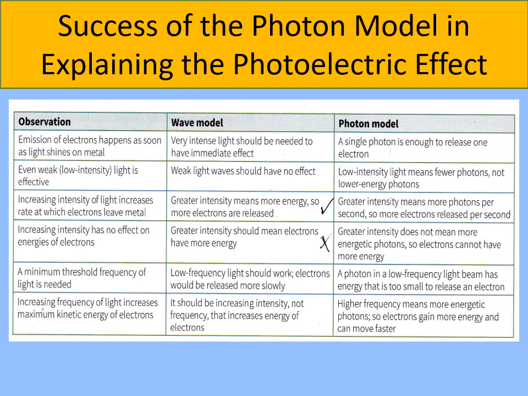So here is a summary table of the success of the photon model in explaining the photoelectric effect. Now this links to slide 10, so if you want to have a look at slide 10 again, you can do.